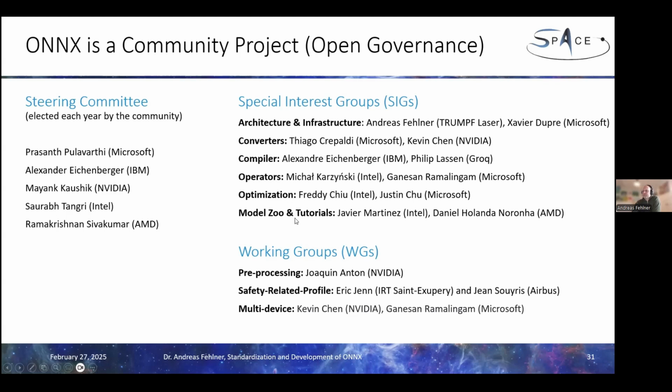These are the special interest groups, and from time to time new working groups come. And when the project or the work which should be done is finished, the working group doesn't exist anymore. For example, one problem in this machine learning context is in pre-processing: quite often a model does not include the pre-processing steps.